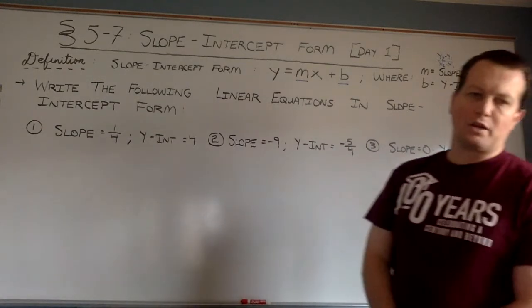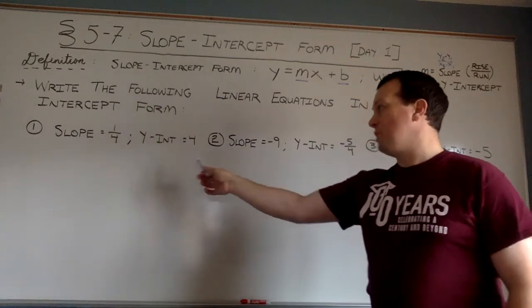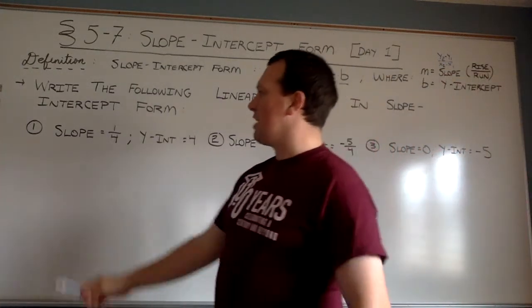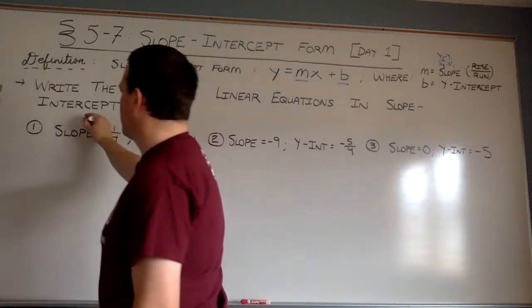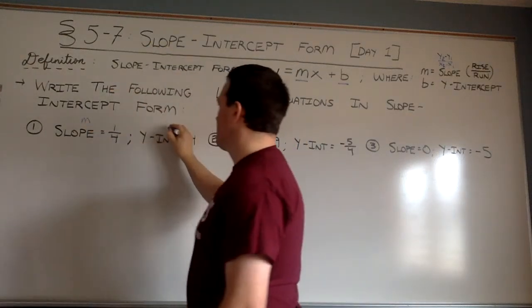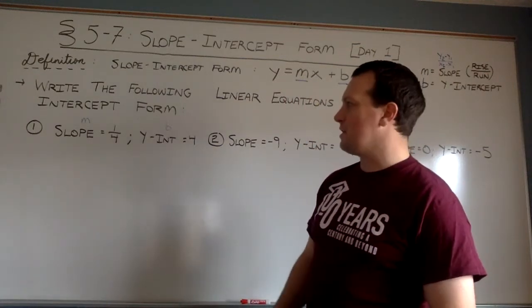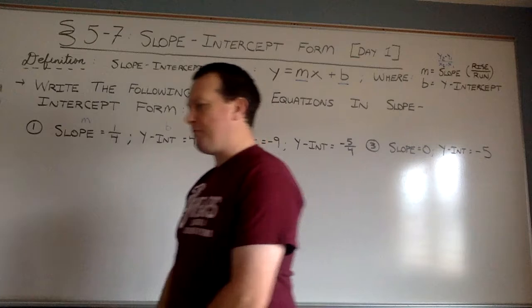So before we start looking at graphs, we are just going to be writing uno, dos, tres, 3 equations in which I'm going to give you the slope, which again is the m value, and the y-intercept, which is the b value, and I want you to write the equation in slope-intercept form.